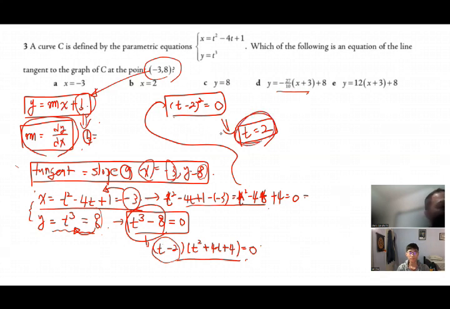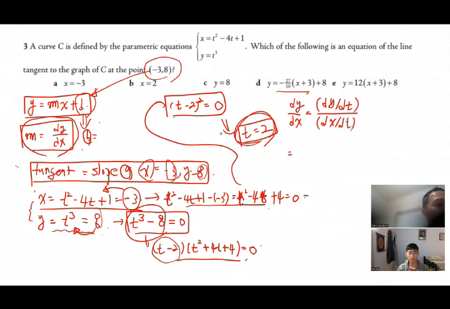Okay, the next step is to derive the formula for the slope of the tangent line to the graph C. So dy over dx is dy over dt divided by dx over dt. Same procedure.